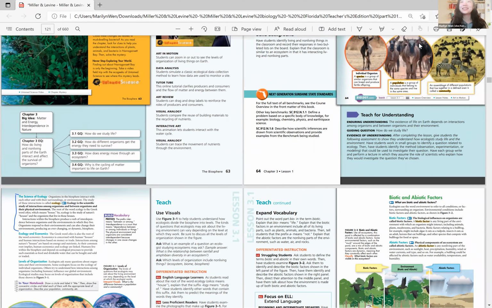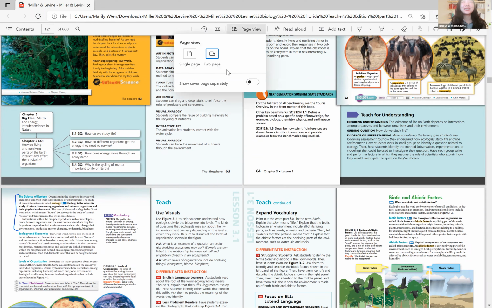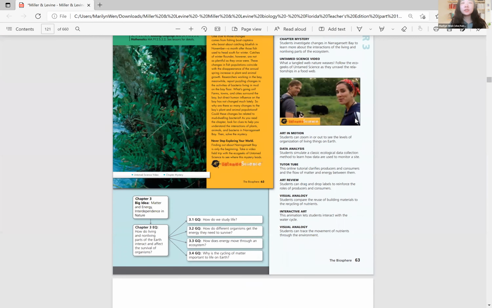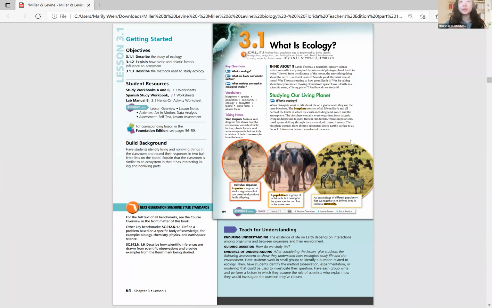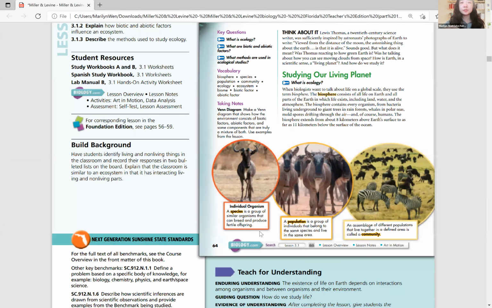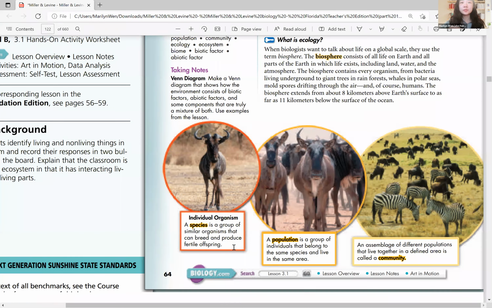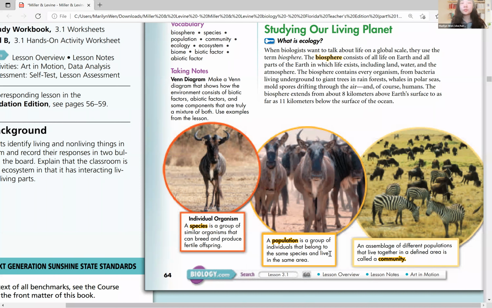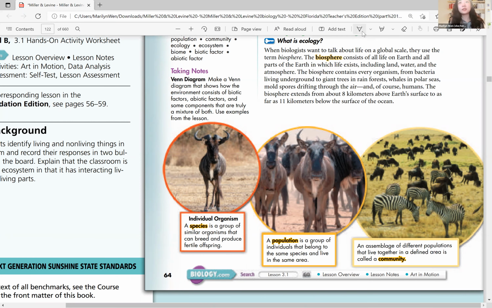It's still split. That's a little bit unfortunate. But what you need to read is on the bottom of the page, right here.